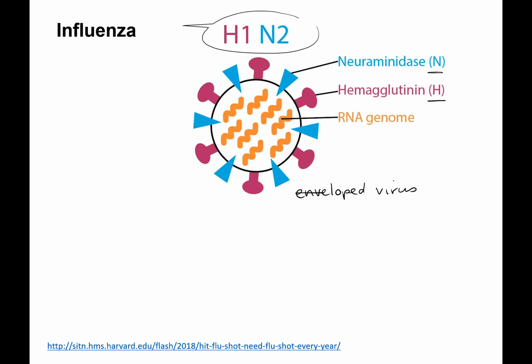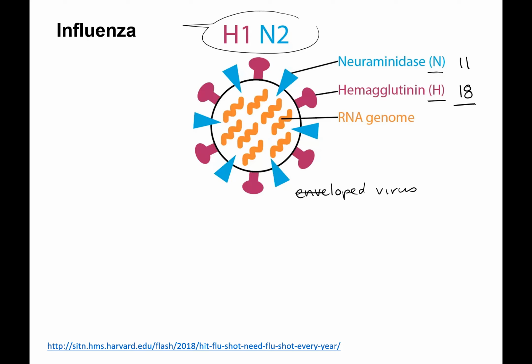There are 18 different hemagglutinins and 11 different neuraminidases. The 18 and the 11 mean that our immune system responds to each one of the 18 or each one of the 11 differently.